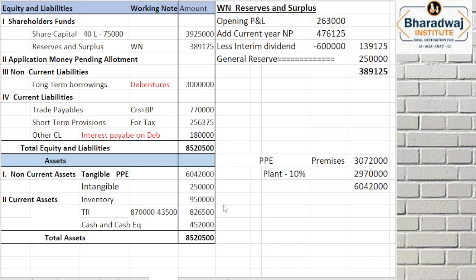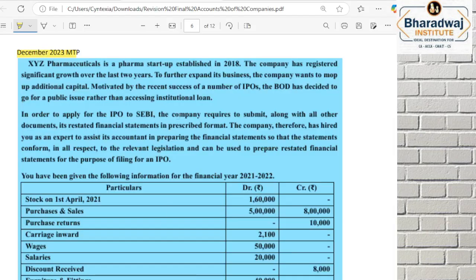Do complete P&L account. Then, of course, I'll do the workings for the P&L account. To read the next question, you take about 5 minutes of time.